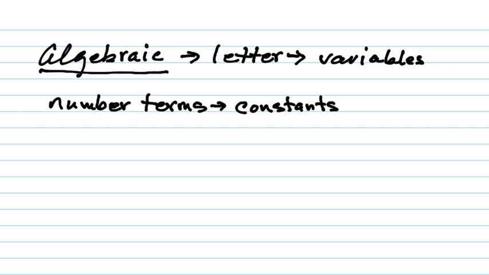Can anybody think of why a number like 7 might be called a constant? Because it is like a single number. It doesn't have like another number. So think of it like this, right? If there are 7 of something, would it be different if there are 7 apples or 7 pears?